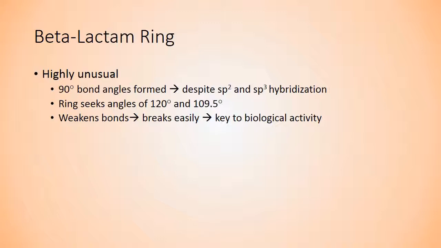It forms 90-degree angles. This weakens the bonds within that beta-lactam ring, which allows the ring to break easily, and that is the key to the biological activity of penicillin. That breaking is what makes penicillin so incredibly effective.